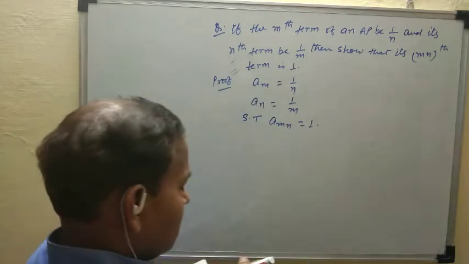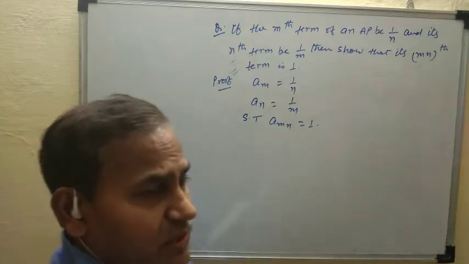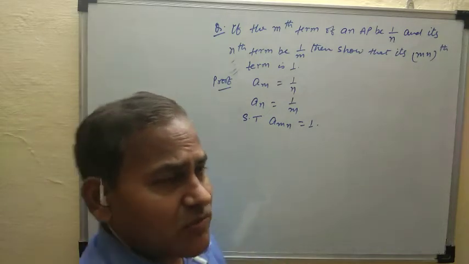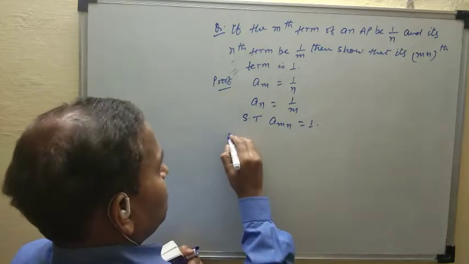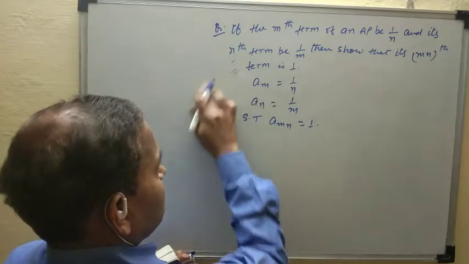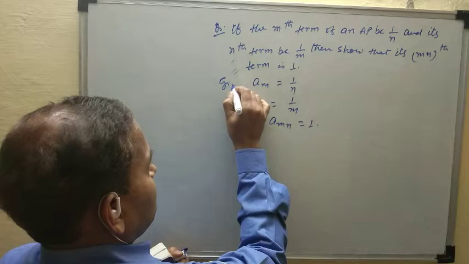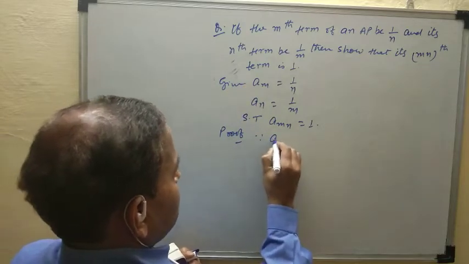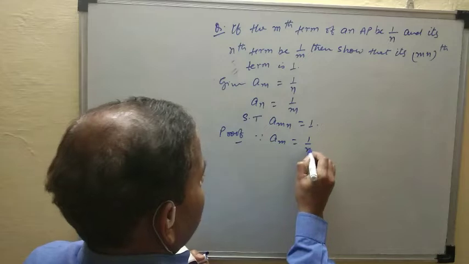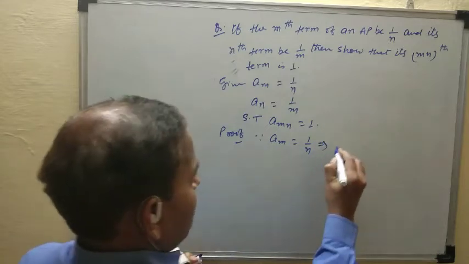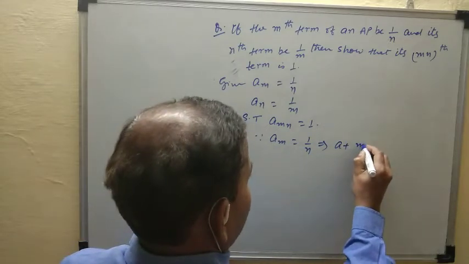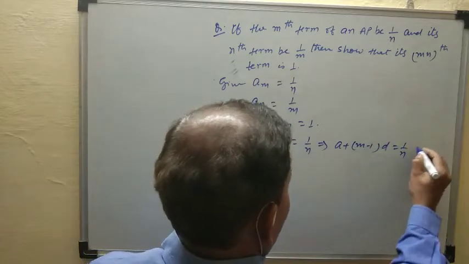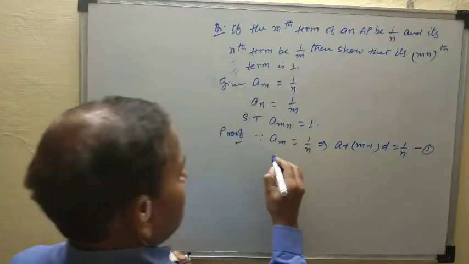So that we can find the mnth term. To find any term of an AP, first find the first term and the common difference. So proof: this is given. Since am is equal to 1 by n, this implies a plus m minus 1 into d is equal to 1 by n, call it first.